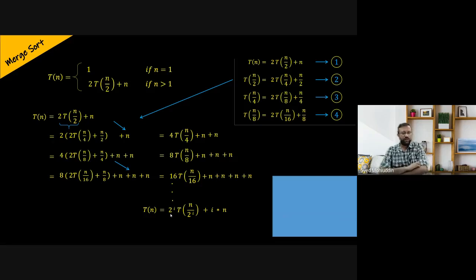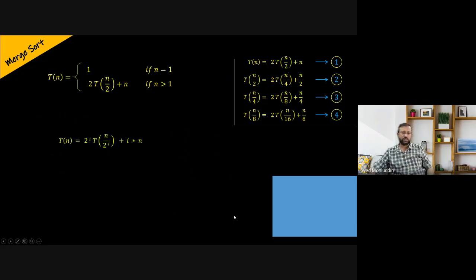Then T of n by 2 power i, because we have n by 2 power 1, n by 2 power 2, n by 2 power 3, n by 2 power 4, till n by 2 power i, plus: first time it is n, second time it is 2n, third time it is 3n, fourth time it is 4n, and the ith time it will be i multiplied by n. So for the ith time, we have this as the expression.